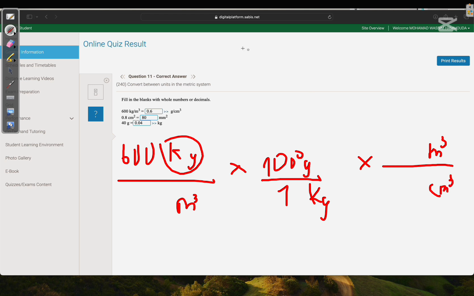From meter to centimeter, times 10 to the 2.